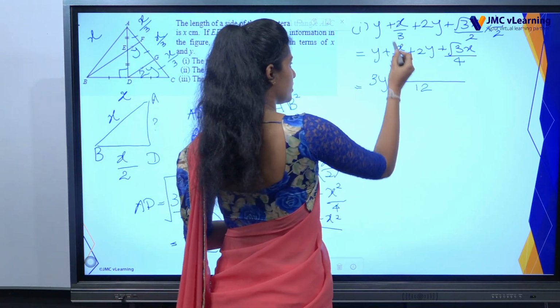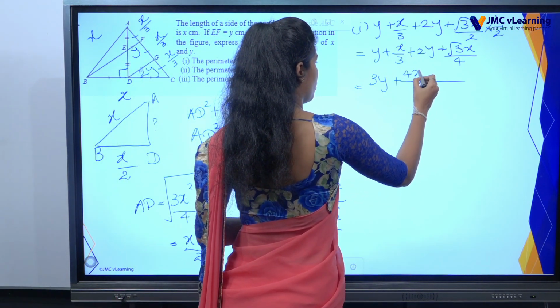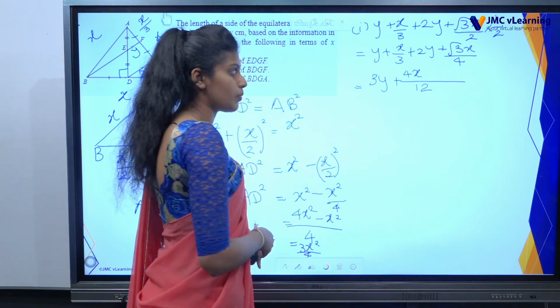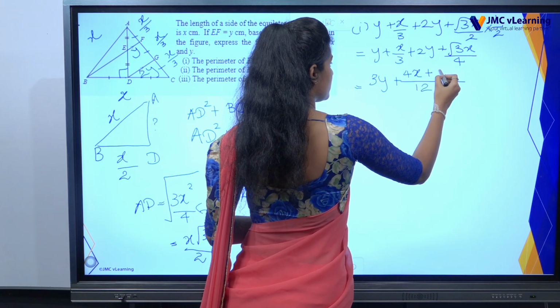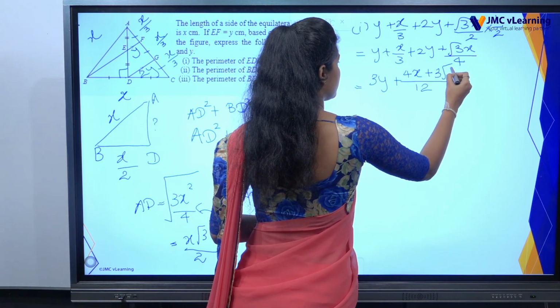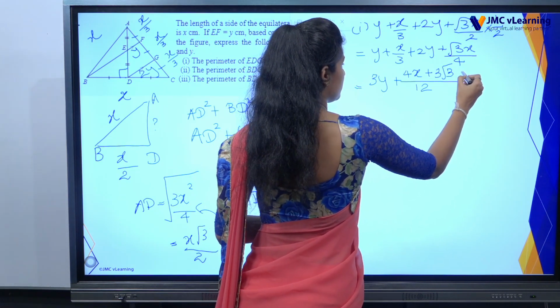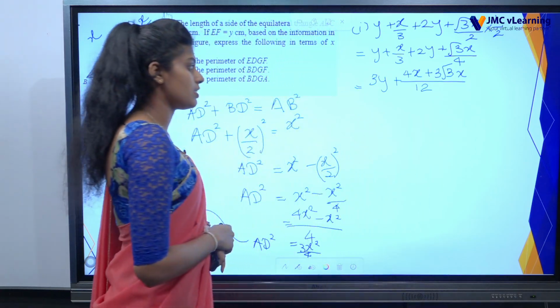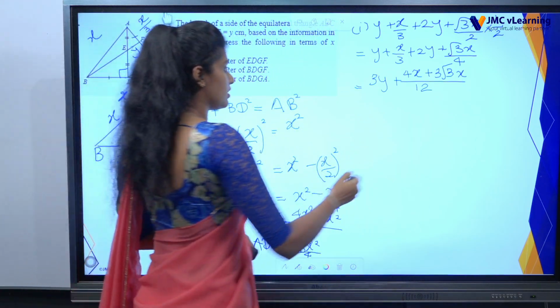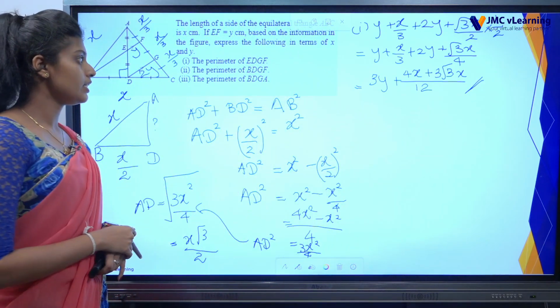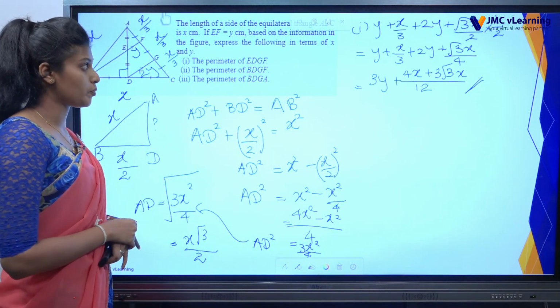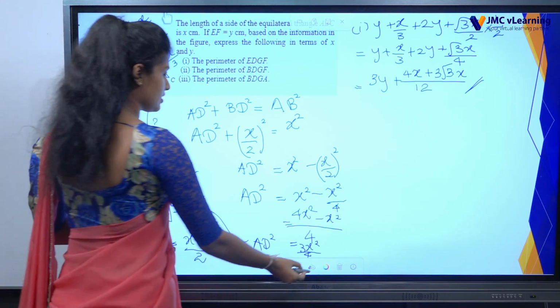Then 4 into x, 4x. How many 4s in 12? It's 3. Then 3 multiplied with this one, 3 root 3 x. This is the answer. Then this is the perimeter of EDGF.